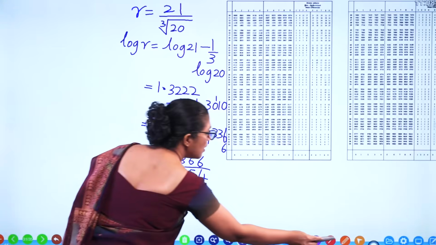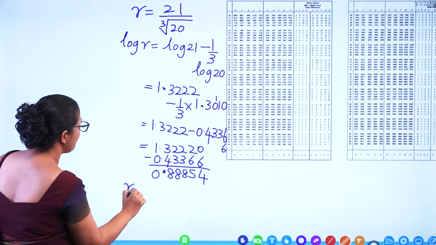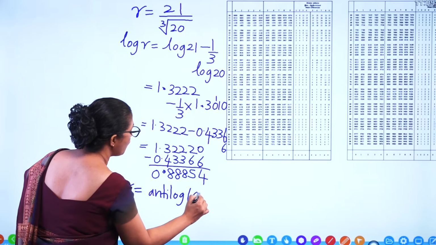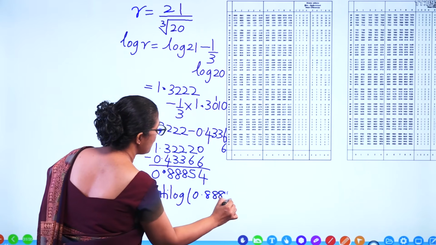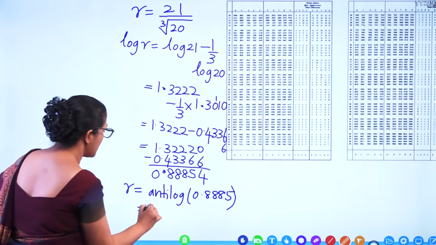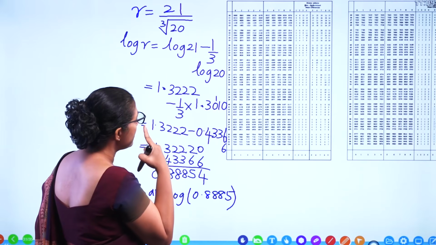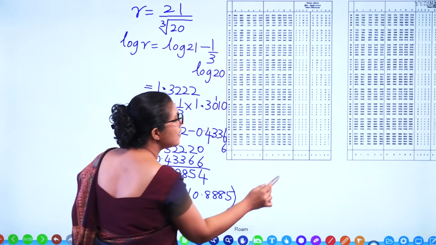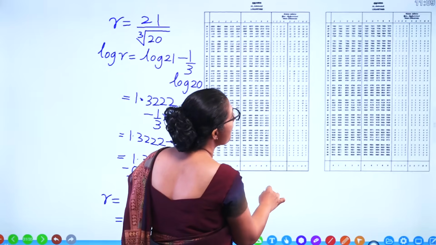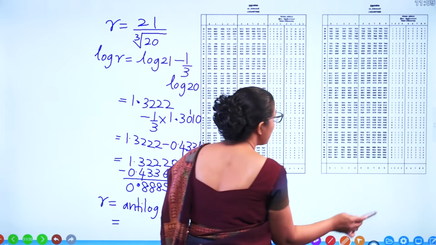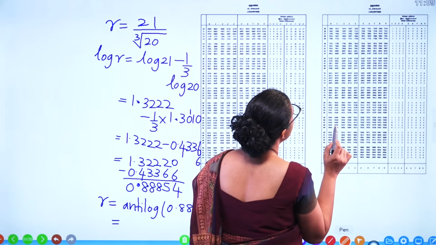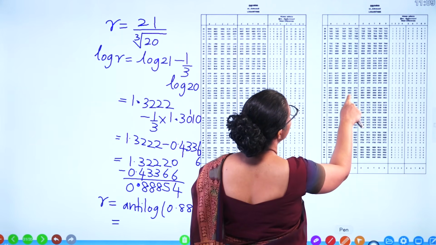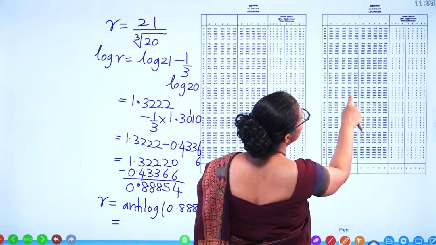Now antilog of this value is r. R becomes antilog of 0.8885. So we'll use the logarithmic tables and see where is 0.8885 in the second table. So here 82 is there. So that means you need 3 more.